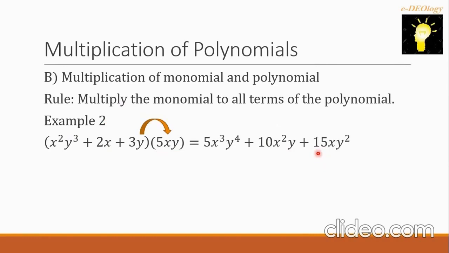We'll get 15. There is no x on the first term here, so we simply copy the x, and then the y times y, we'll get the y squared. So our final answer, 5x cubed y raised to 4 plus 10x squared y plus 15x y squared.